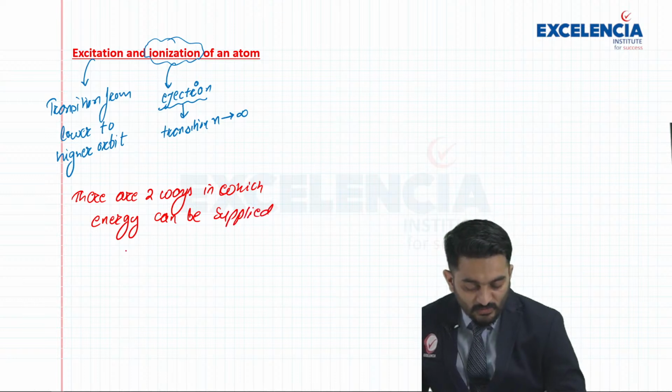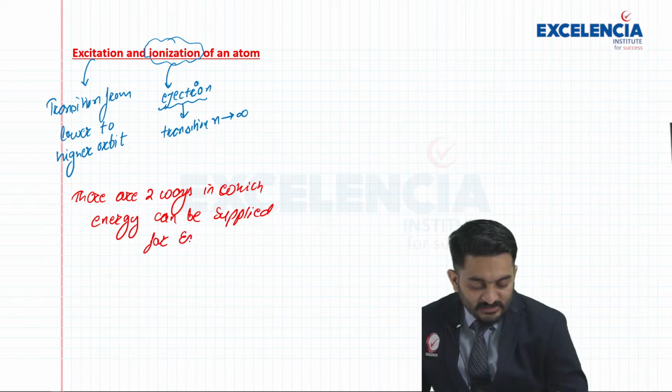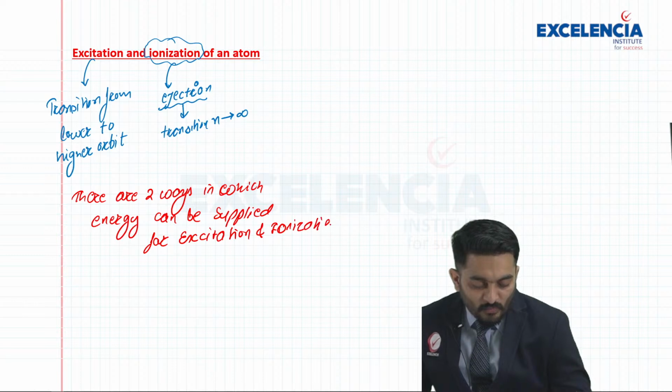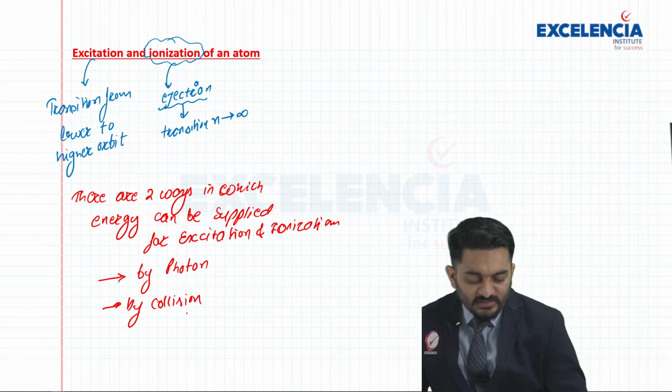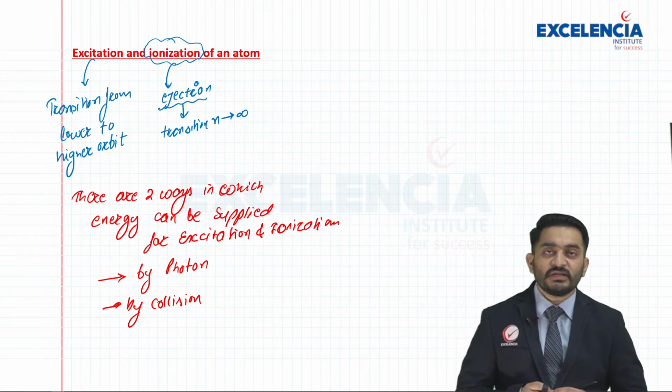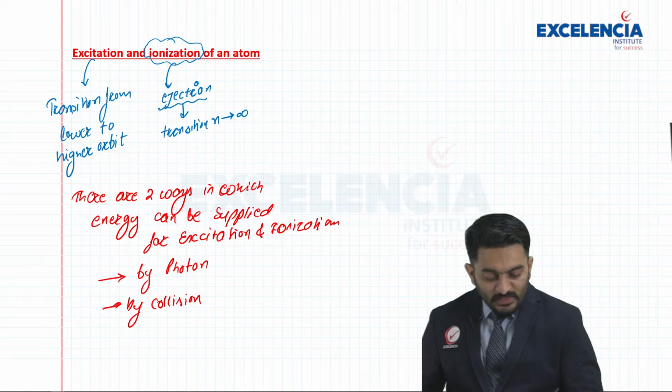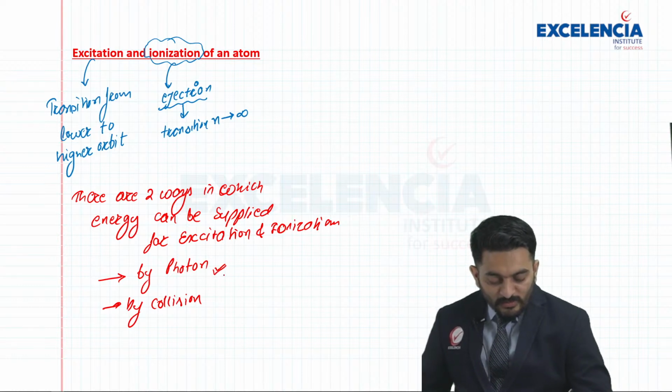One of the ways you are very much familiar with. Energy can be provided by a photon, and the other way is by collision. Mostly the collision questions come in advanced or mains, but here the photon one is a very common phenomenon.